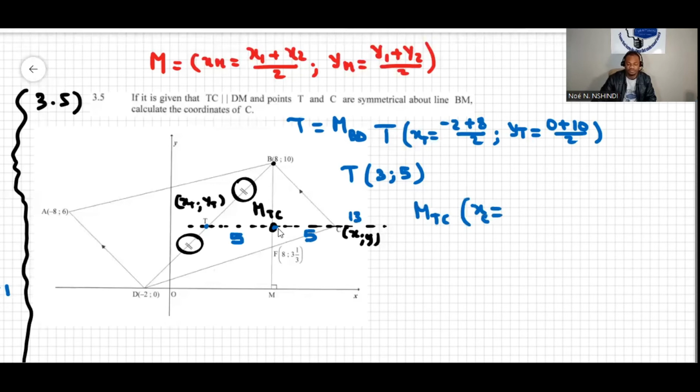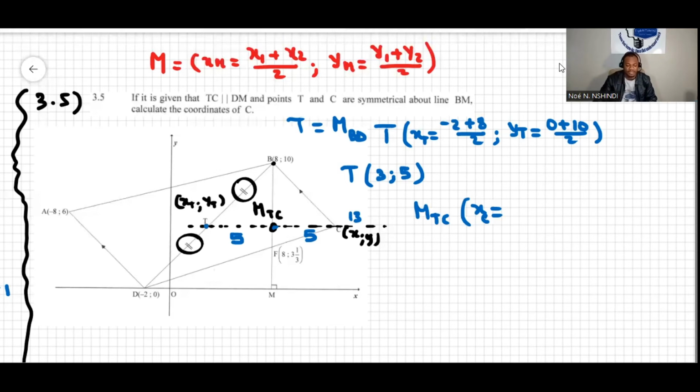The x coordinate of T is 3. Because this is a horizontal line, we don't really need to work out the y value.